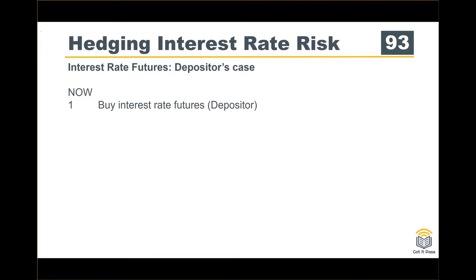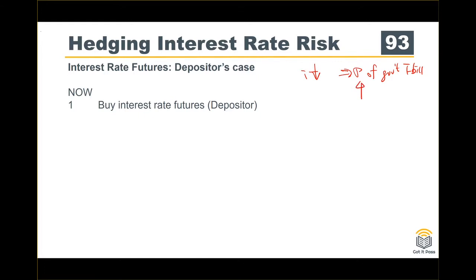If you are the depositor, it is the opposite of the borrower's case. In this case, you are the depositor. Your risk is the interest rate going down, right? If the interest rate goes down, the government bond or the price of the government T-bill will go up.